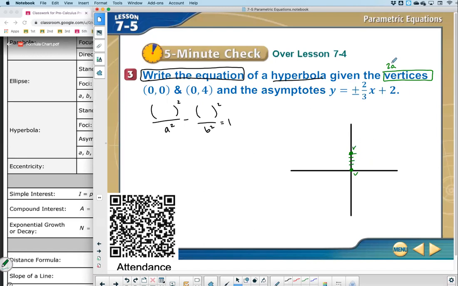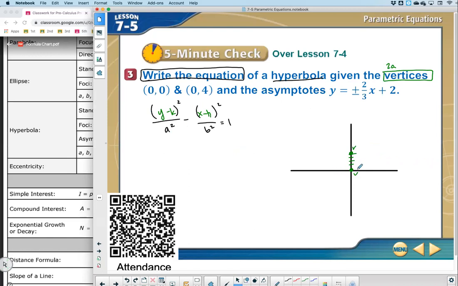Okay, so 2a, let's make this connection in our brains. 2a is moving vertically. That means the a fraction is going to move vertically. So this needs the y minus k. This fraction needs the x minus h, because it's the a value that's moving vertically.